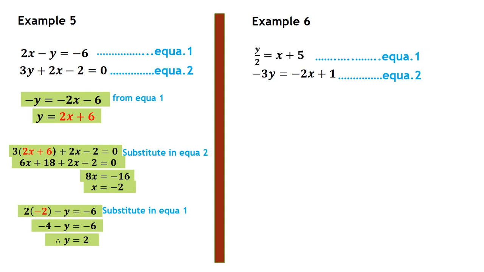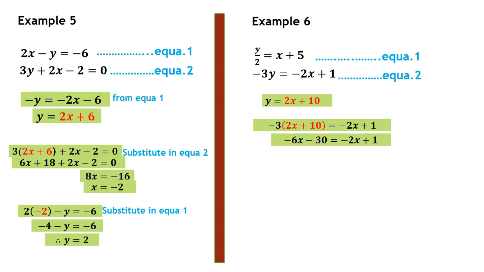So in this case, I would go to equation 1, multiply everything by 2, and I end up with y is equal to 2x plus 10. Now, 2x plus 10 is my expression that I can go and substitute in equation 2. So in equation 2, wherever there's y, substitute 2x plus 10, multiply the brackets, and solve for x.